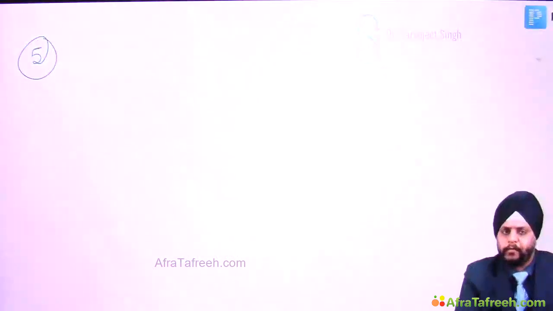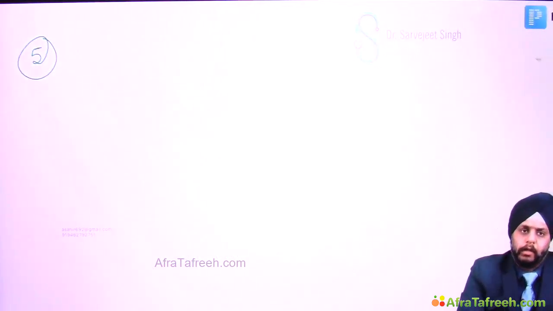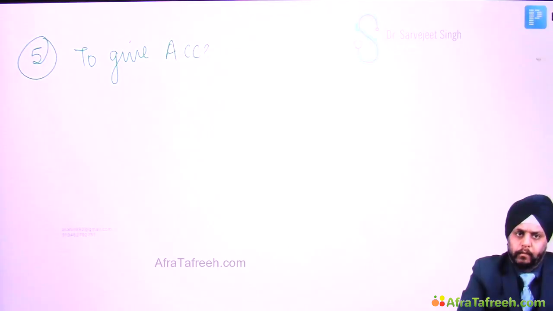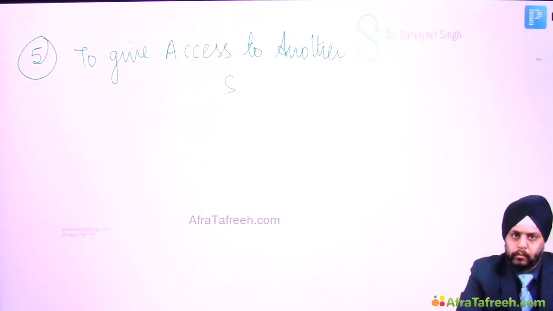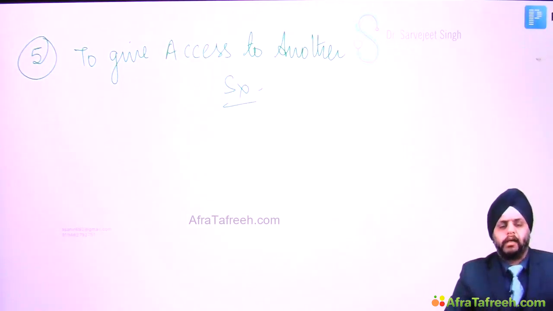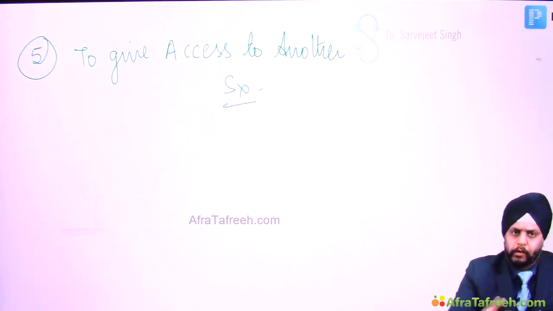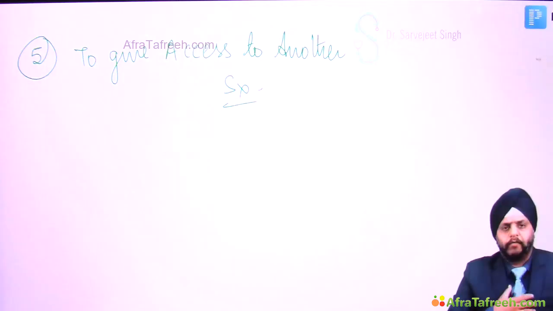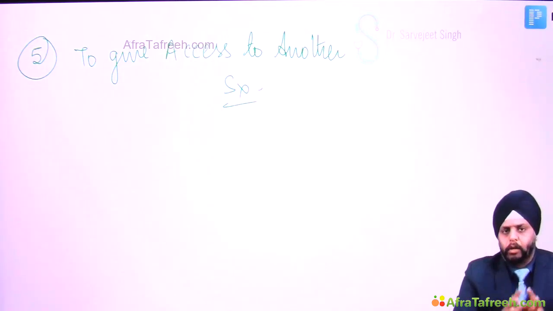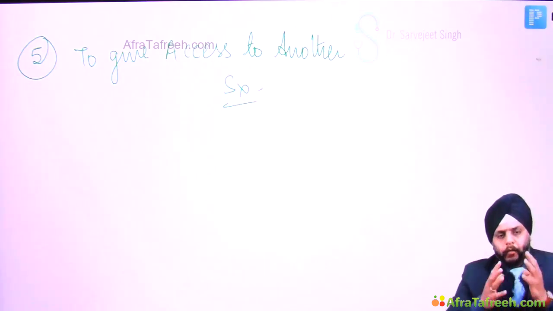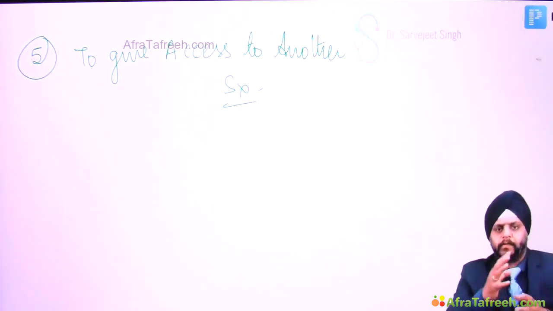Number 5, we have to give access to another surgery. What do I mean by giving access? Suppose I have to do a surgery on the sphenoid. We have discussed that we can do surgery on sphenoid in the previous topics, and we can also go beyond sphenoid into the middle cranial fossa. Now, let's say that when we are doing surgery, the septum is coming in our way.